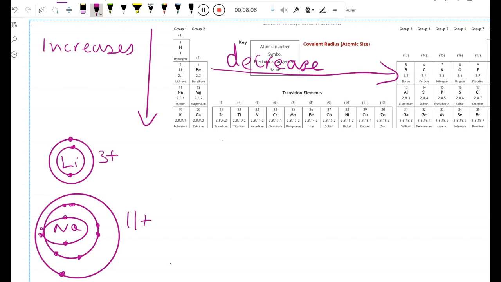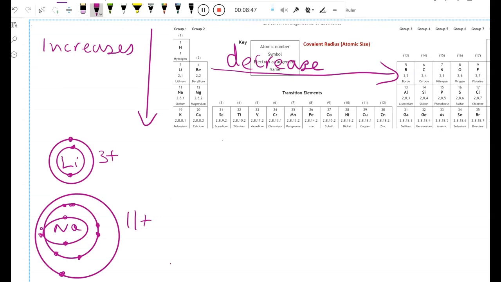However, the number of occupied energy levels also increases. With lithium, I have a total of 2 energy levels. Sodium, I've got 3. If I was to draw potassium, I would have 4 energy levels. Okay, so these energy levels are your shields, if you like.